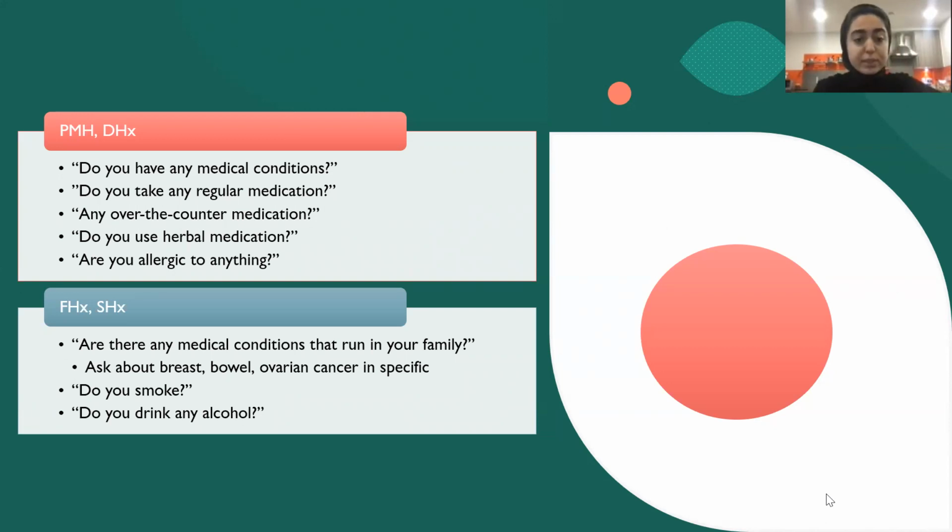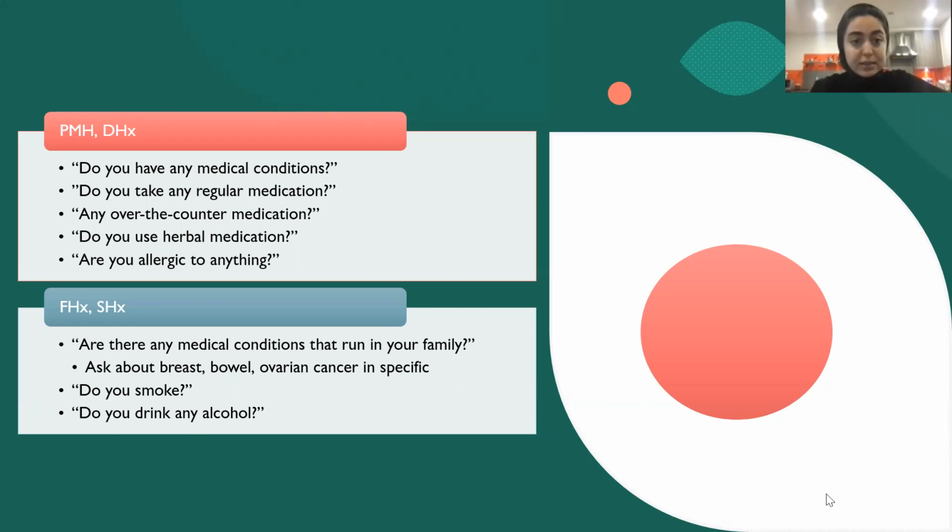That's also important. Even if they said they don't have any medical conditions that run in their family, you can still specifically ask about breast, bowel, or ovarian cancer. You can also ask if they've had any surgical operations on their breast as part of your past medical history. So that could be implants or an excision or anything.